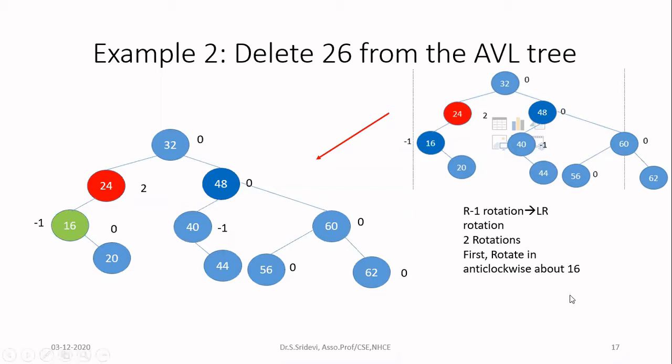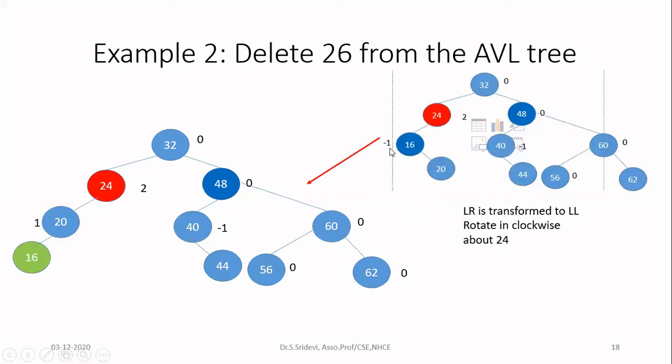So here, this is my tree. Okay, I'm going to perform first rotation about this middle node 16. In which direction? In the anti-clockwise direction. So now let us see how to do that. So 16 is here. I am going to perform rotation about 16 in the anti-clockwise direction. That means I am going to pull this 16 down in the anti-clockwise direction like this.